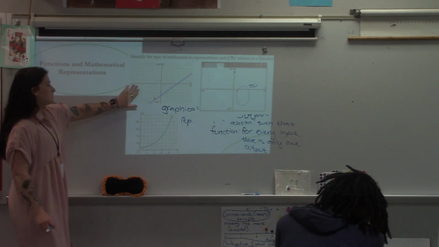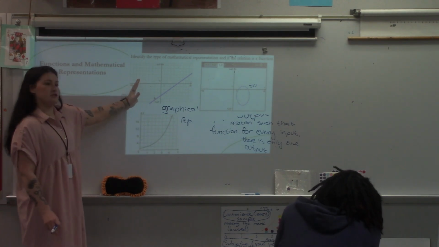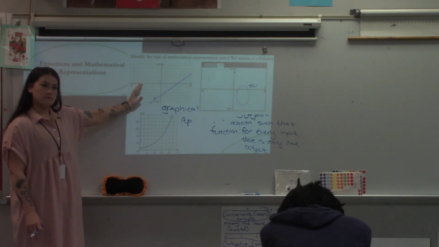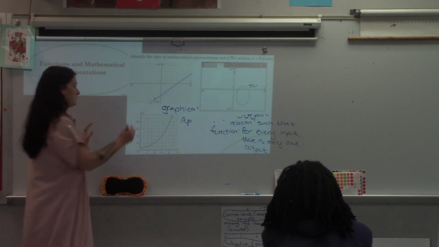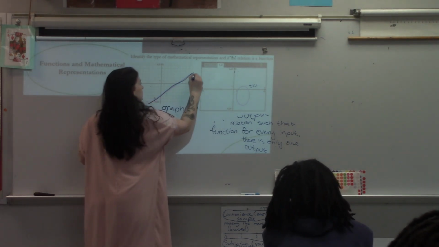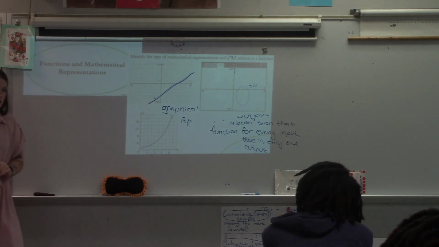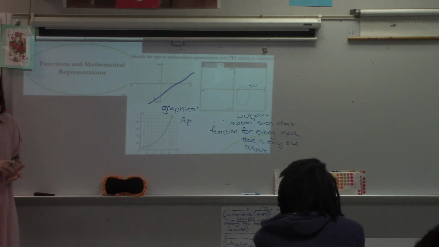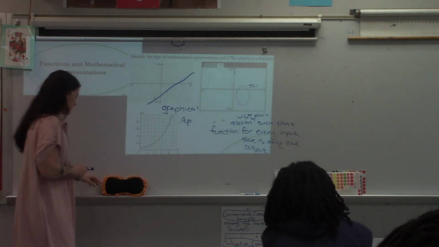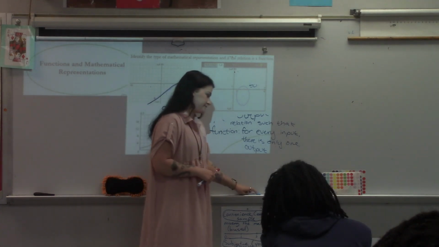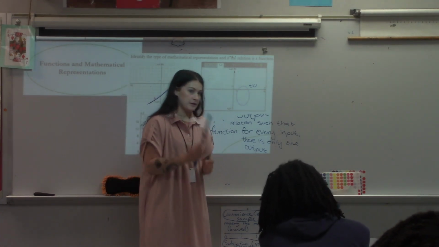So, this first graph, would this be a function? Yes. Why? Oh yeah, it's a straight line. So on graphs, let me show you a really easy way to determine if a relation is a function, and it's called the vertical line test. So, what's a vertical line? Up and down.